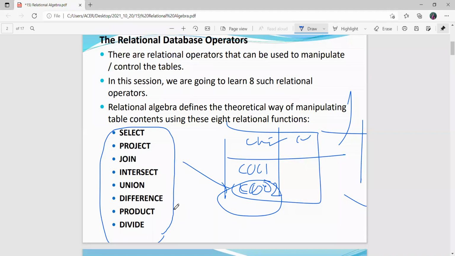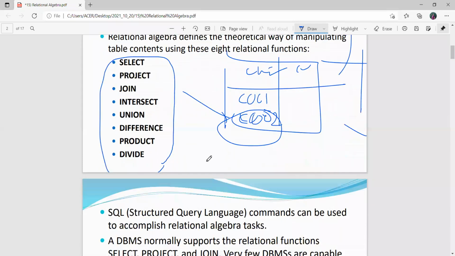In this lesson, we only discuss the functionality of these operators. After that we will discuss SQL, that means structured query language, and how to perform these relational algebra operators on a data set or a database.